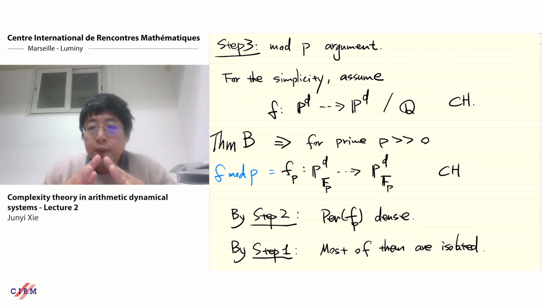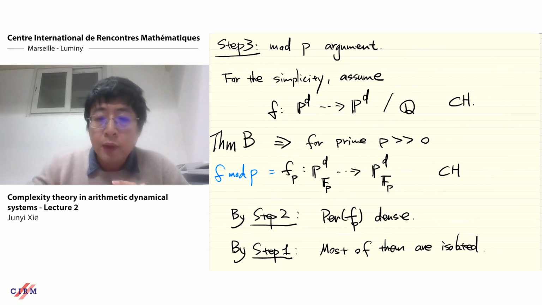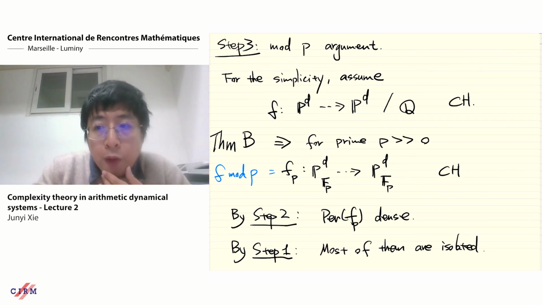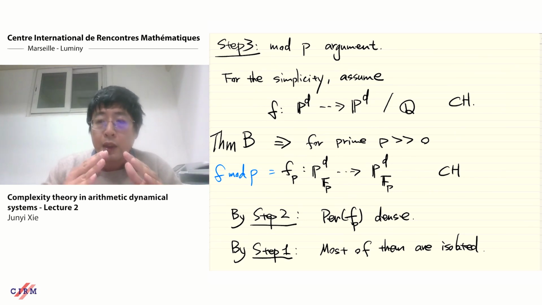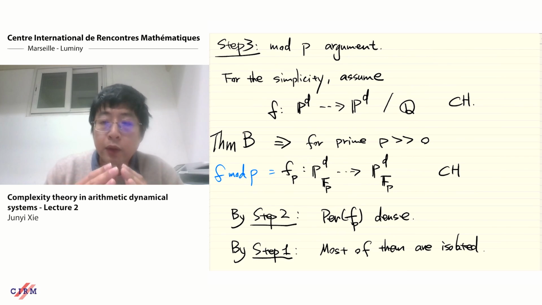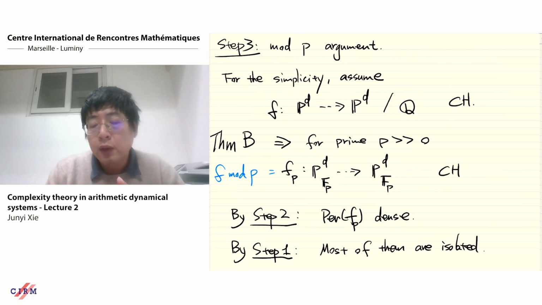And you see this cohomologically hyperbolic condition is given by some strict inequality, so it's some open condition. So if the dynamical degree is continuous at the generic point, then for p sufficiently large, it is still cohomologically hyperbolic.